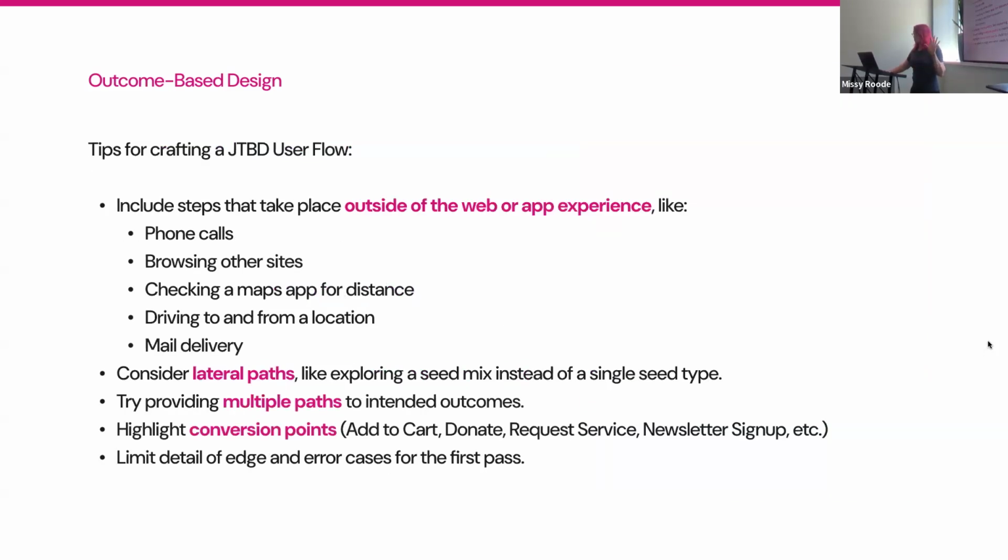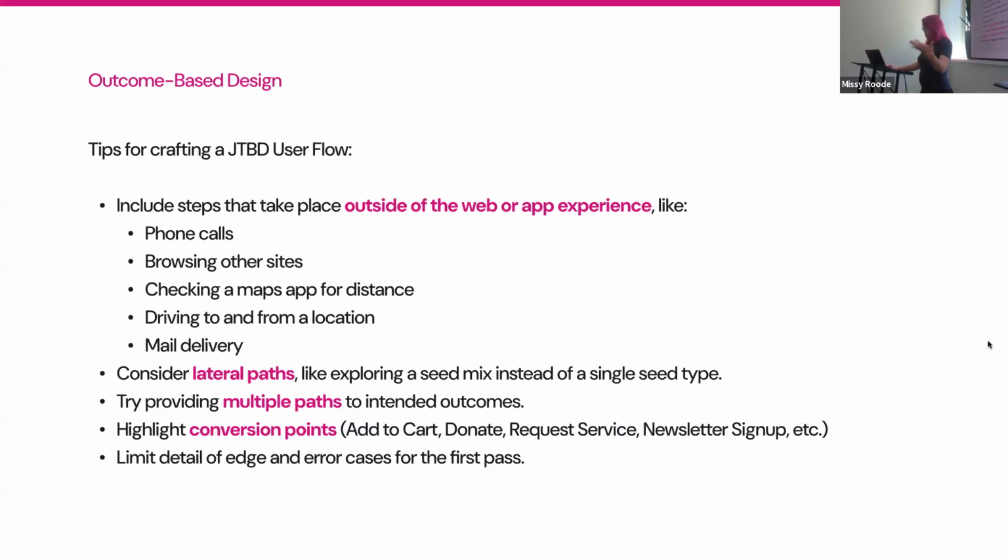Some general tips for crafting a jobs to be done user flow include things that occur outside of the web or app experience. So sort of offline steps, so to speak, or maybe looking at other sites. The travel to and from a location, it's delivery timelines, that kind of thing. Consider lateral paths. Definitely try to provide multiple paths.